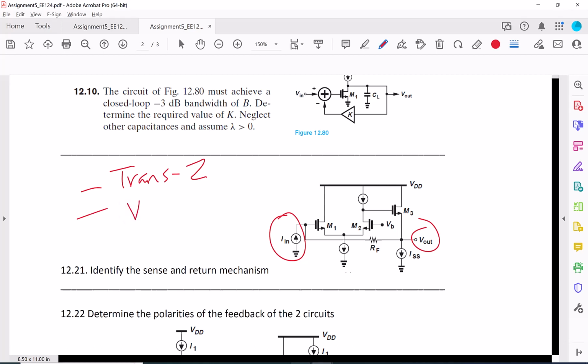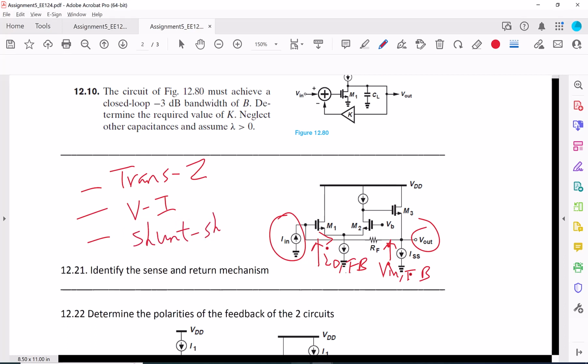VI, that is correct. Why VI? The feedback, and on the input, which is the output of the feedback. Very good. So he said that because this is the input of the feedback, right? And this is the output, which is I out of the feedback. So it's a VI. How about shunt and series? What is this? Shunt.